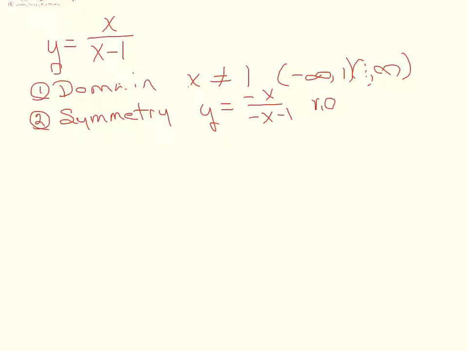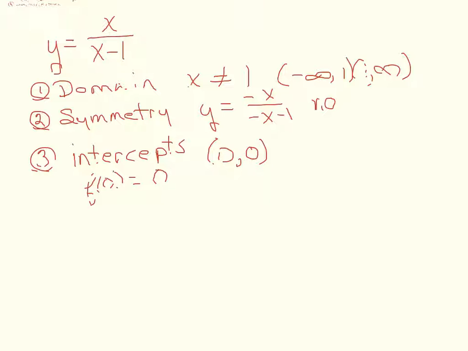If we want to think about intercepts, if I let x equal 0, we're going to get 0 over -1, which is 0. If I set y equal to 0, we still get 0, so our only intercept is the point (0, 0).